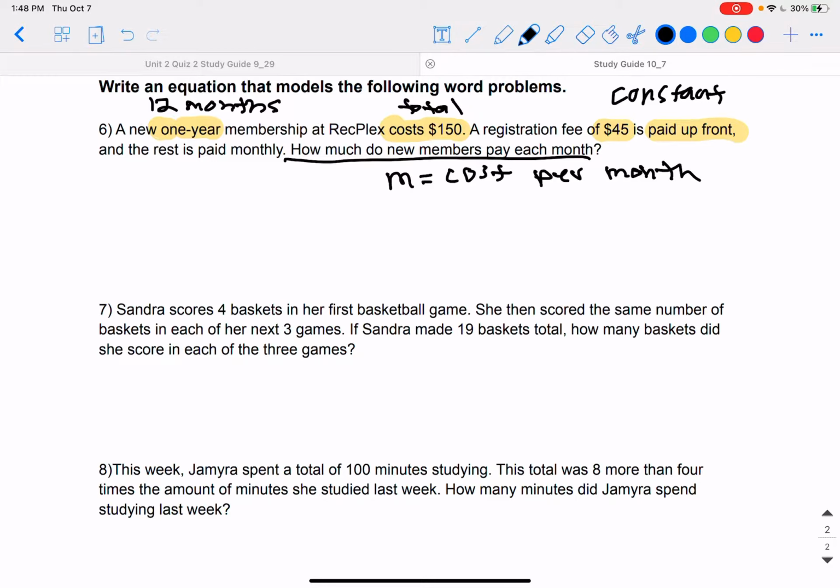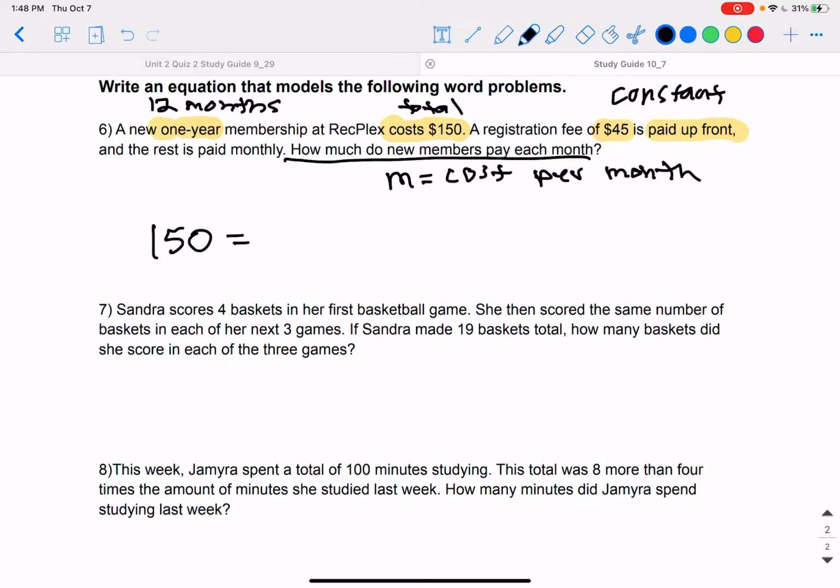Okay, so now I think I have all the information I need. The total was 150. And that equals, okay, wait. We did not identify the rate, although we did write it. So 12 months is the rate because M is the cost per month.